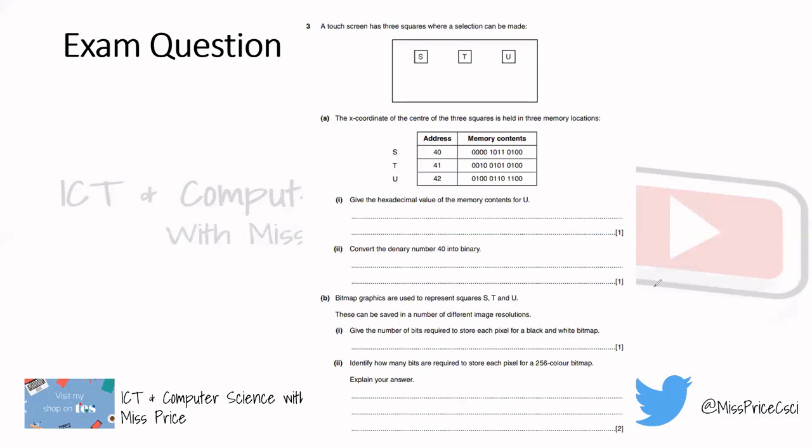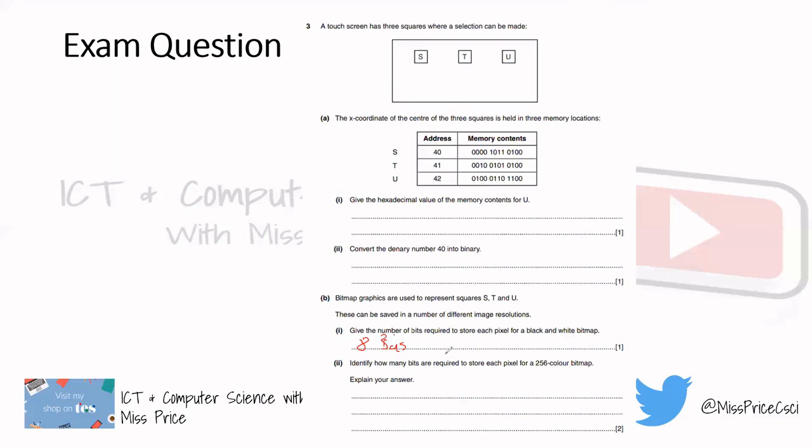So I'm going to say the number of bits required. Oh, S, T, and U. So it will be 8. Okay, 8 bits would be required. Let's play it safe there.